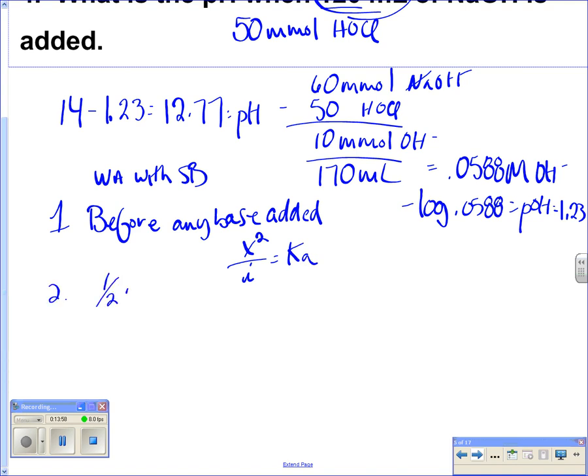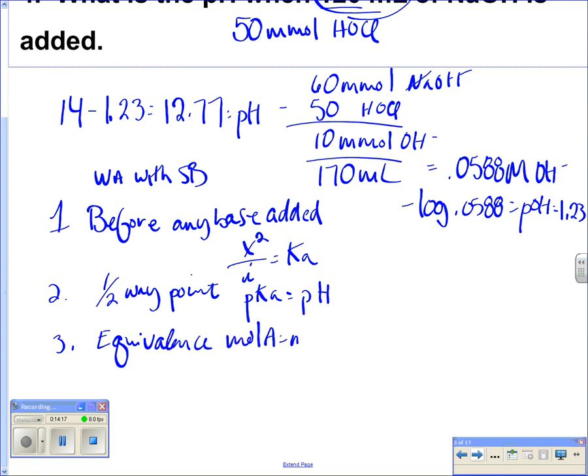At the halfway point, easiest point on the whole thing, my pKa is equal to my pH. At the equivalence, that's where moles of acid is equal to your moles of base. Then I know that I'm back to an x squared over initial problem, but now it's my conjugate base is equal to Kb, where Ka divided into 1 times 10 to the minus 14 is going to be equal to that Kb value.